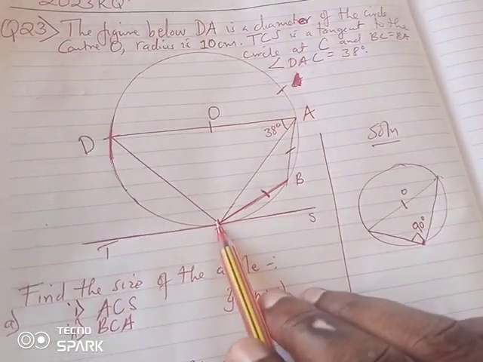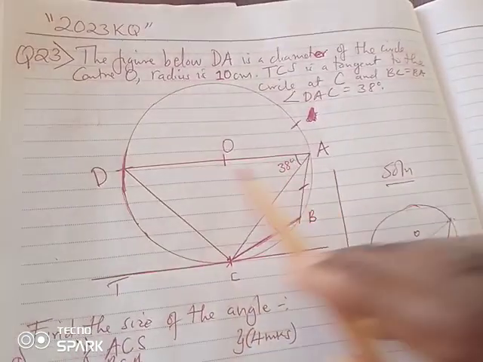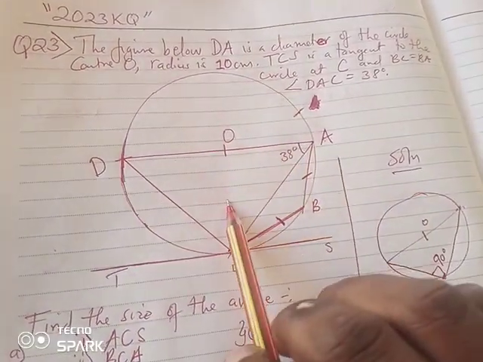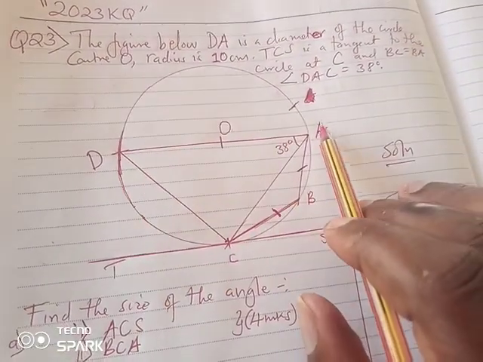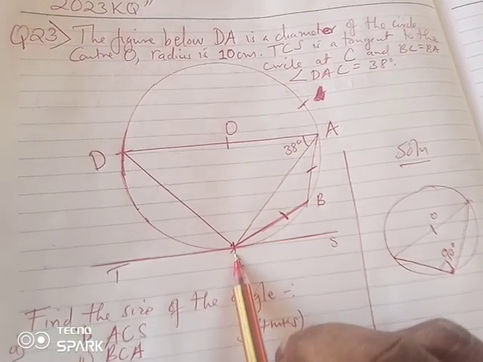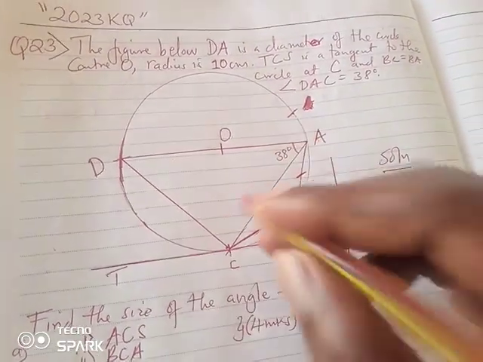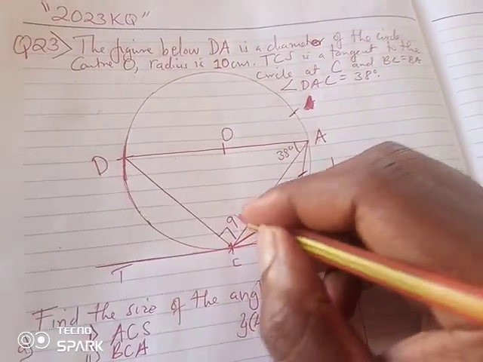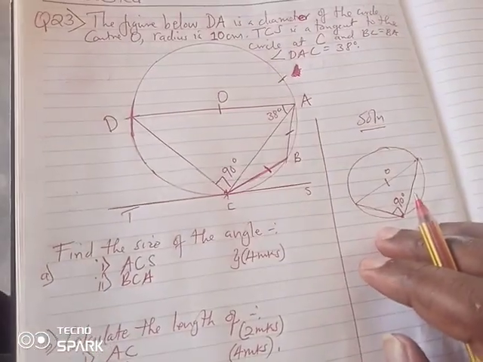Now that DOA is a diameter, and D subtends an angle at C with respect to A, this becomes 90 degrees.